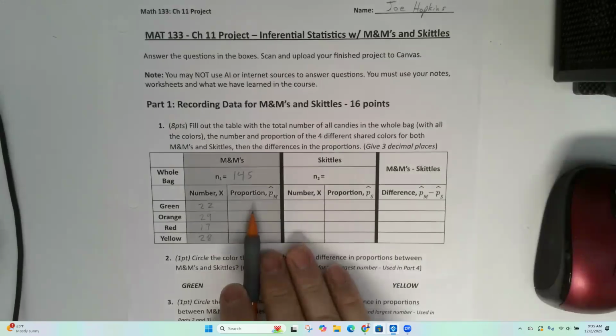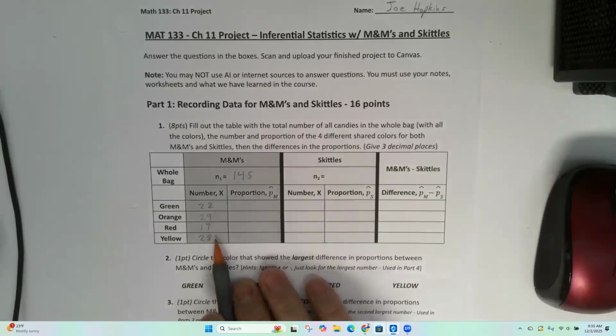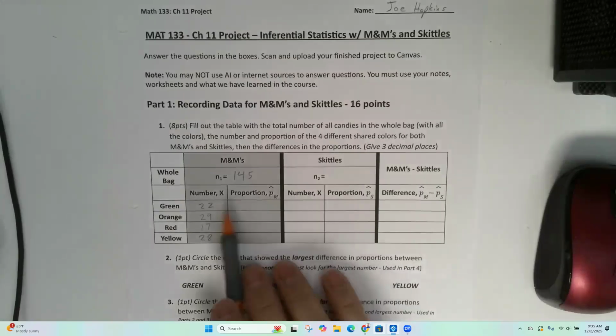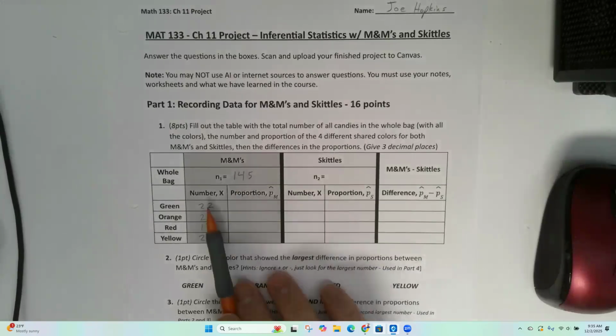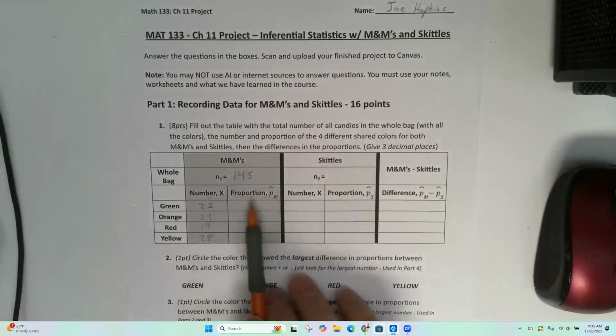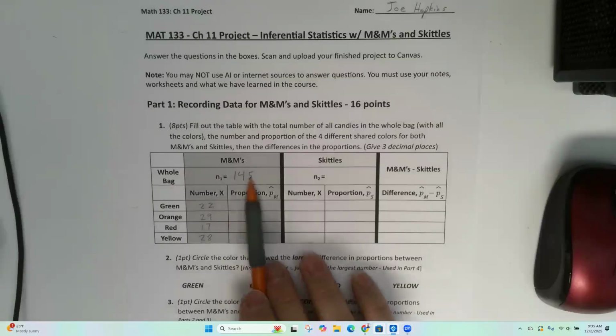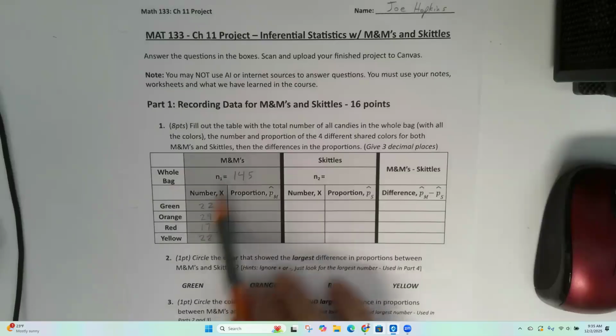Now that I've got that, I can calculate my proportion of M&Ms. So what percent of my M&Ms were green, orange, red, yellow. Remember that p hat is x divided by n, so I need to do 22 divided by 145, and then 29 divided by 145, and so on and so forth.